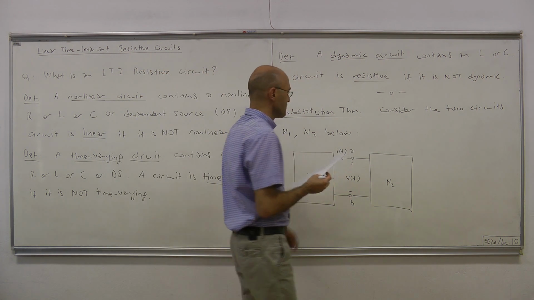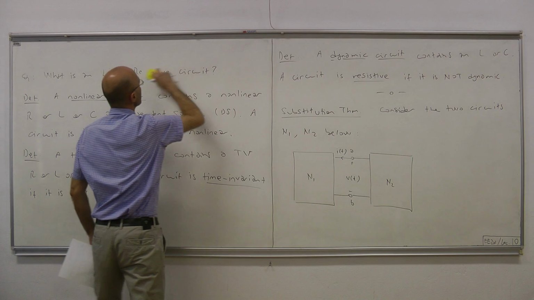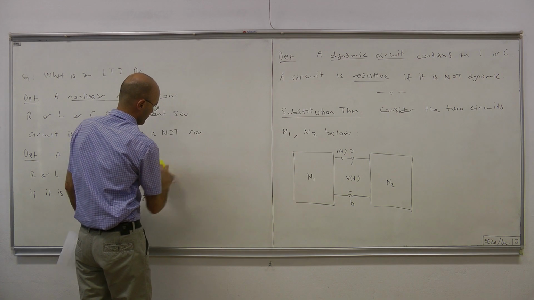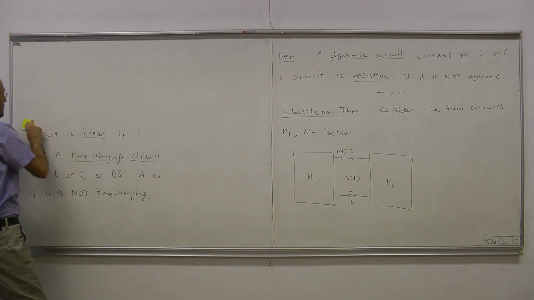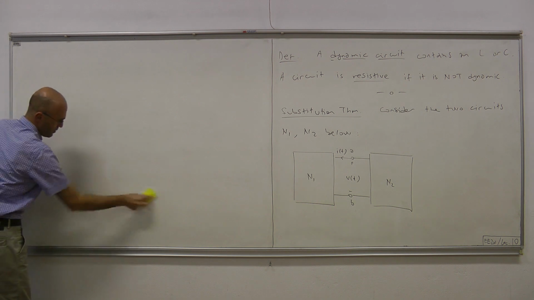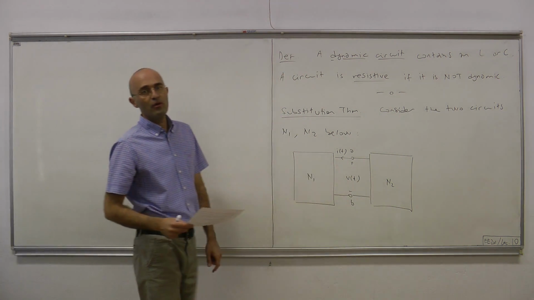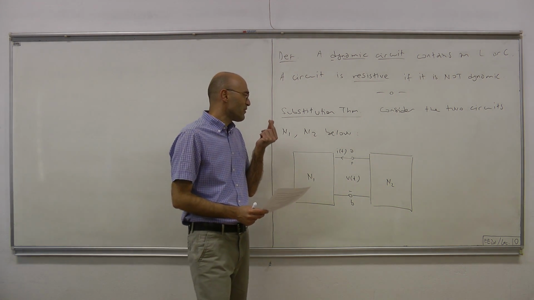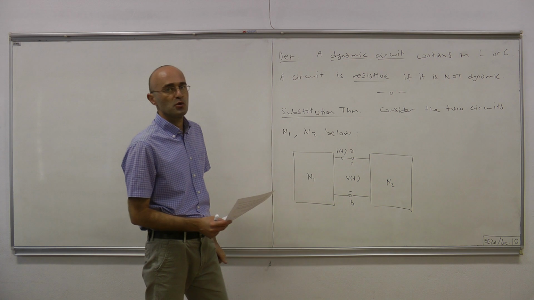Now, the substitution theorem says that if you know the current i(t) or the voltage v(t), then you can replace N2 with an independent current source or independent voltage source, by choosing properly what the current or the voltage of that source will be.